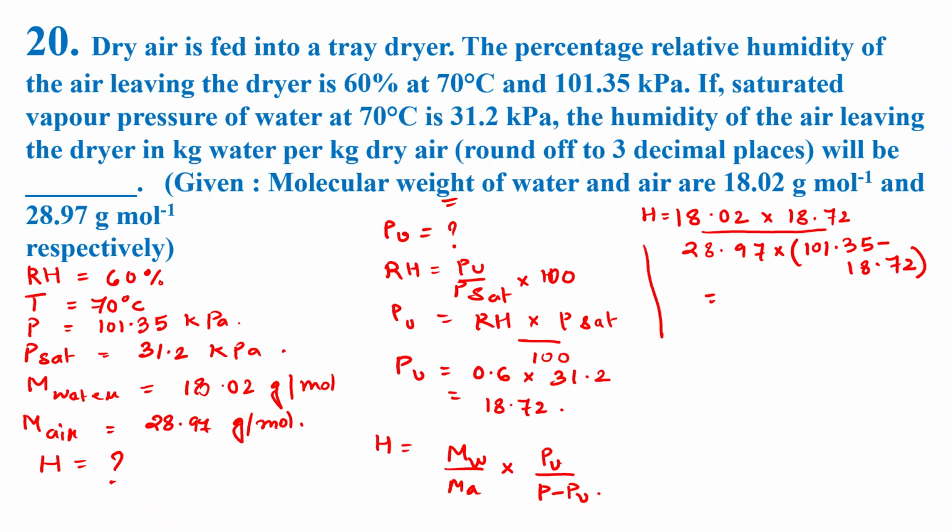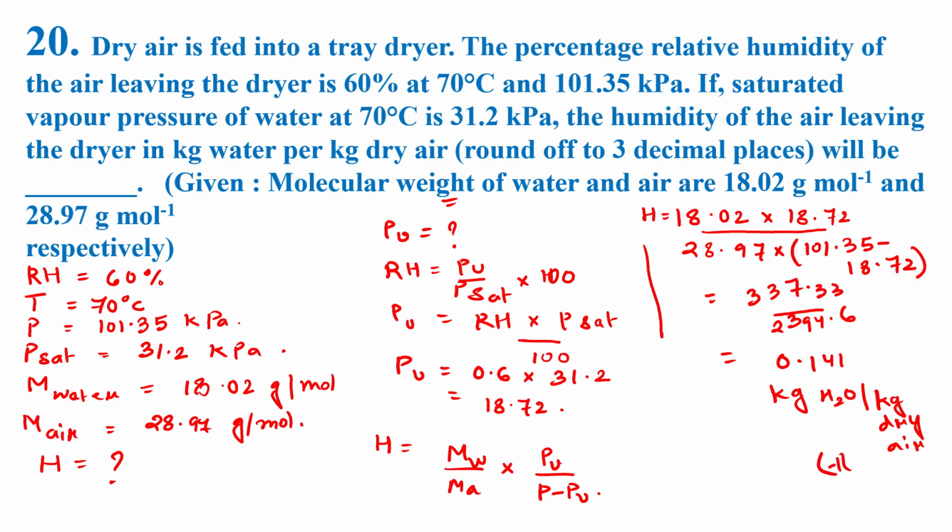Calculating it, we get 337.33 divided by 2394.6, which equals 0.141 kg water per kg dry air. This is my answer. So my answer is 0.141.